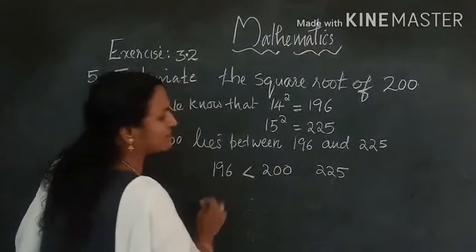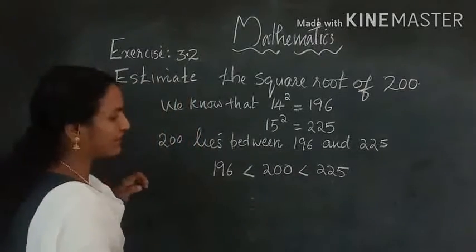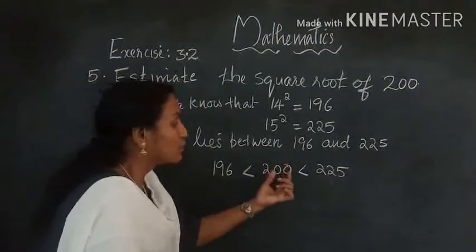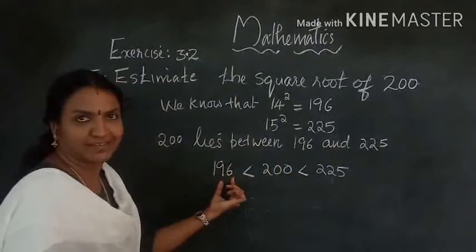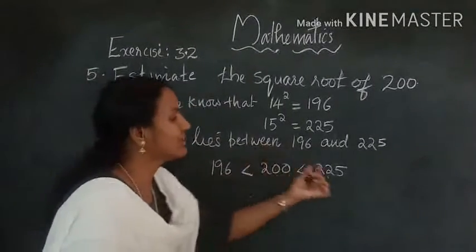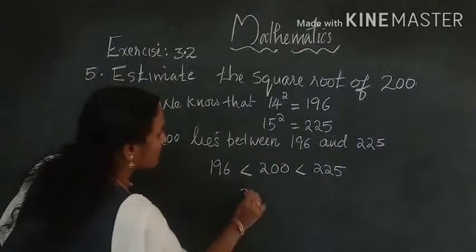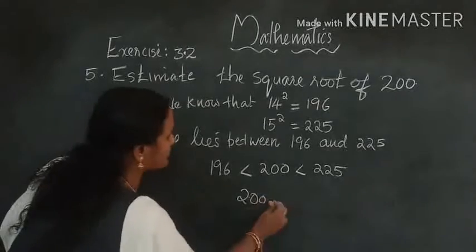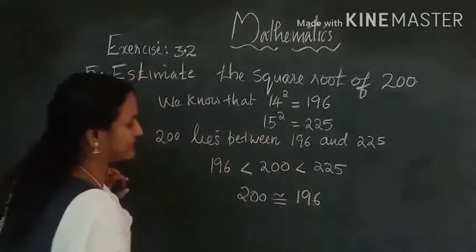196 is less than 200, which is less than 225. Here 200 is very close to 196 when compared with 225. So 200 is approximately equal to 196.